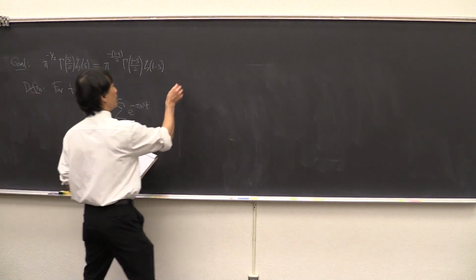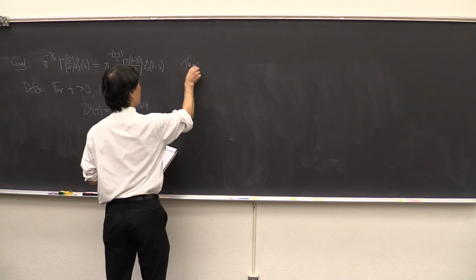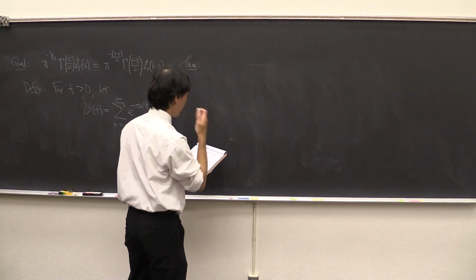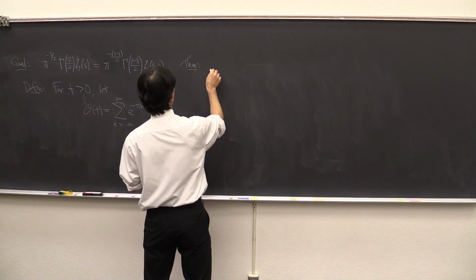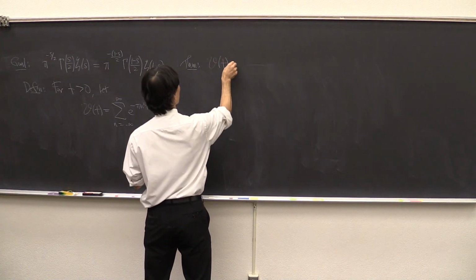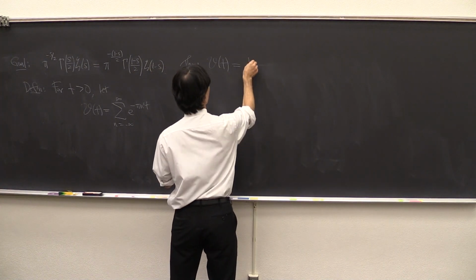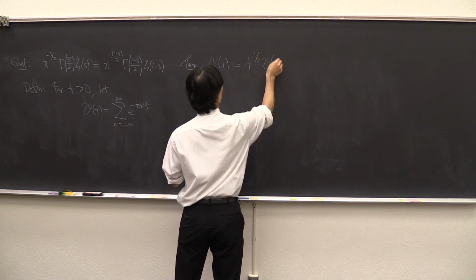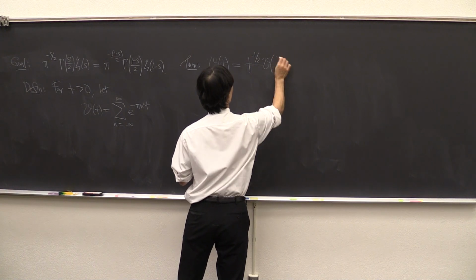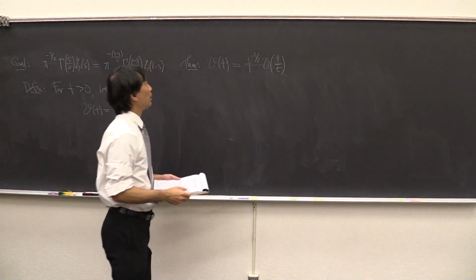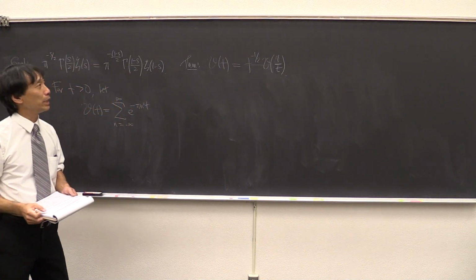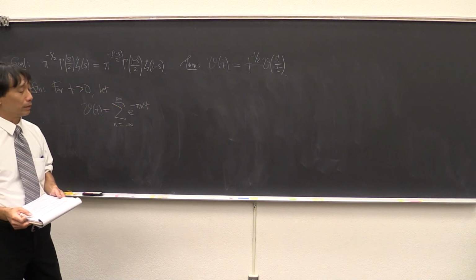Okay, so what we're going to get is this functional equation for the theta function, and it looks like this. Theta of t is equal to t to the negative half theta of 1 over t.